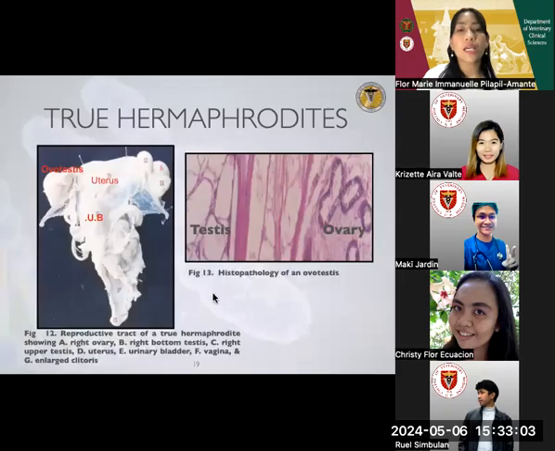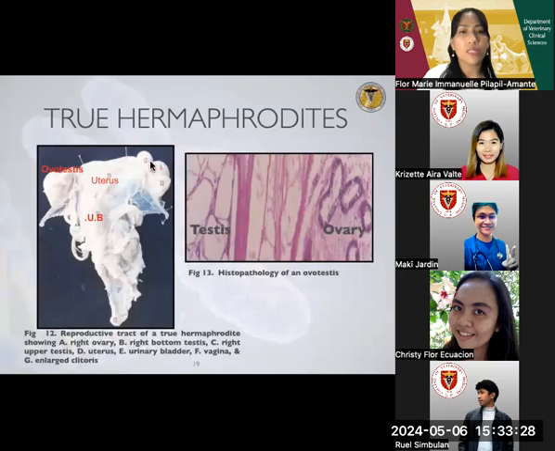Okay, looking at the histopathology of this true hermaphrodite, we have both the cells of the testes together with the cells of the ovary. Okay, and we have here the ovaries, and then the small testicles right here.